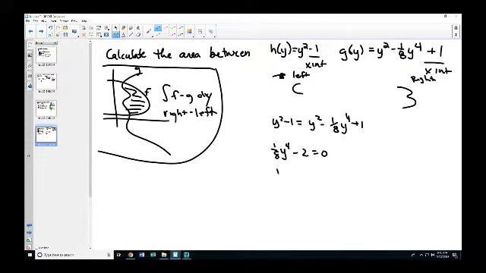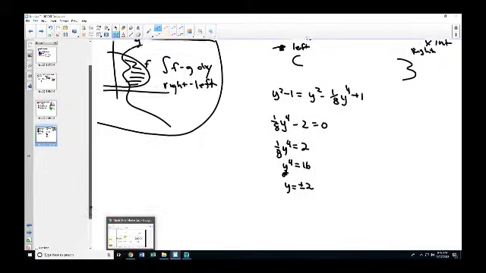So 1/8 y to the fourth equals 2. Y to the fourth is 16. Positive or negative 2.